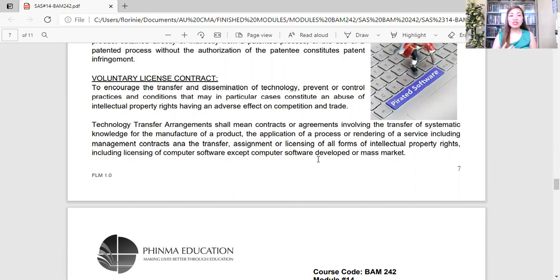So technology transfer arrangements shall mean contracts or agreements involving the transfer of systematic knowledge for the manufacture of a product, the application of a process or rendering of a service, including management contracts and the transfer, assignment, or licensing of all forms of intellectual property rights, including licensing of computer software, except computer software developed for mass market.